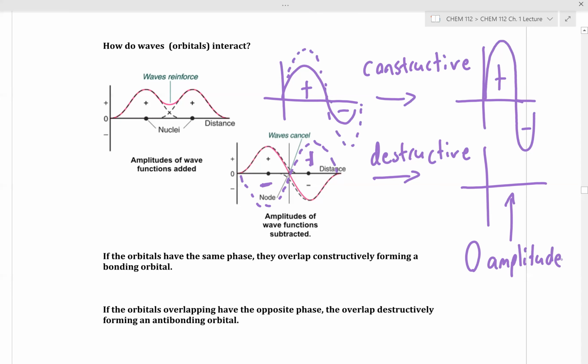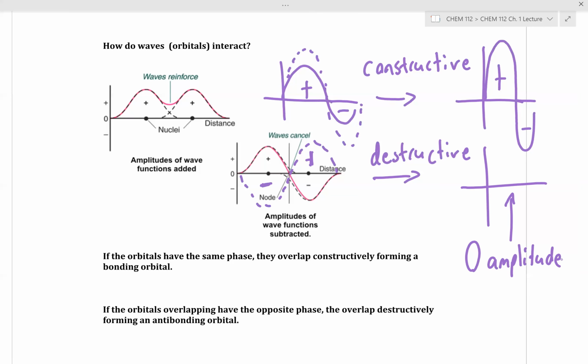Now, what does this mean from the perspective of orbitals? What is the amplitude of an orbital function? If an orbital represents the probability of an electron being in a region of space, and this amplitude represents electron probability, what happens if we have zero amplitude? We discussed this really early on in the class.